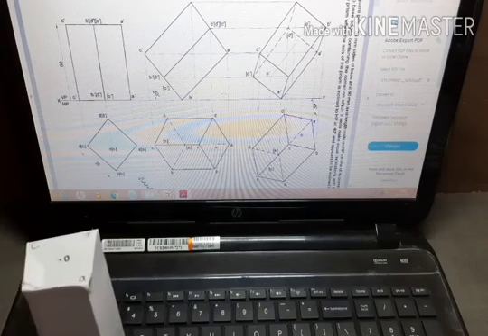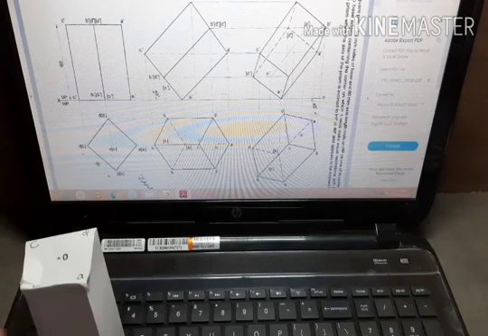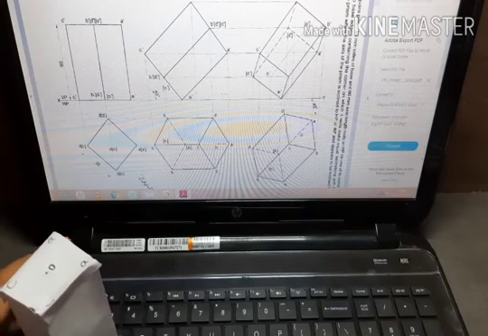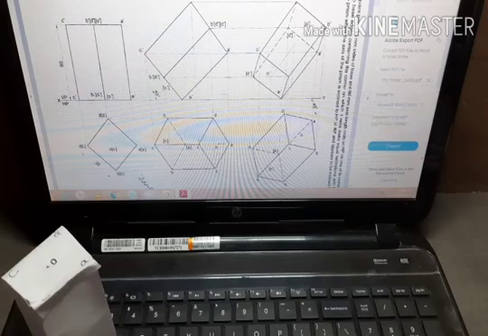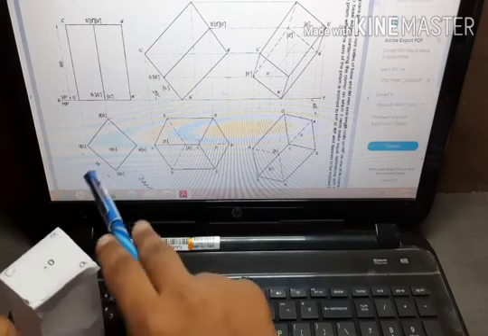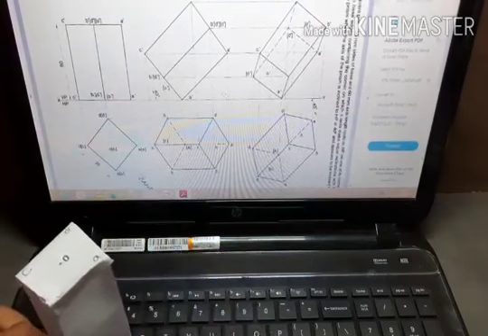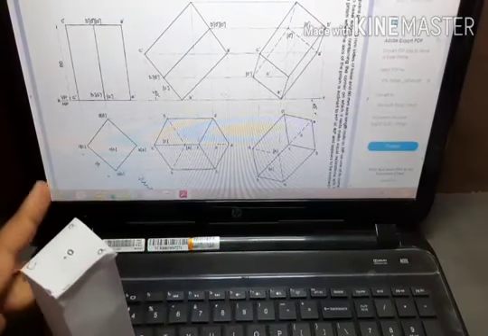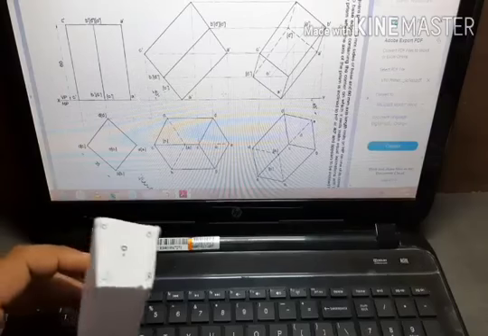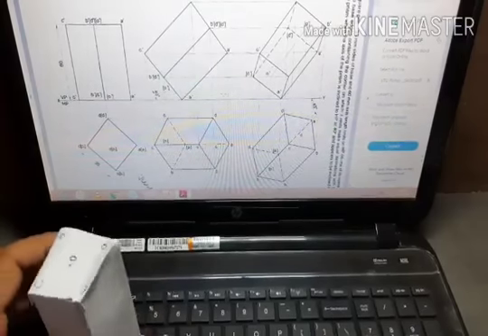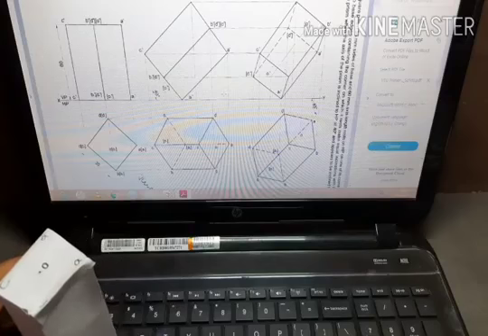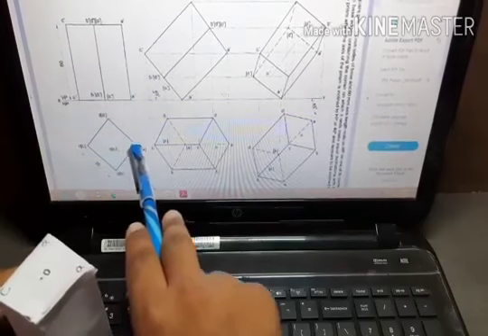It is said it rests on HP on one of its corners. If it has to rest on one of its corners, you must place it in this position, that is A, B, C, D, as you can see. If you place it in the other position, can it rest on the corner when you tilt it? No, right? So that is the reason you must get your corner here.